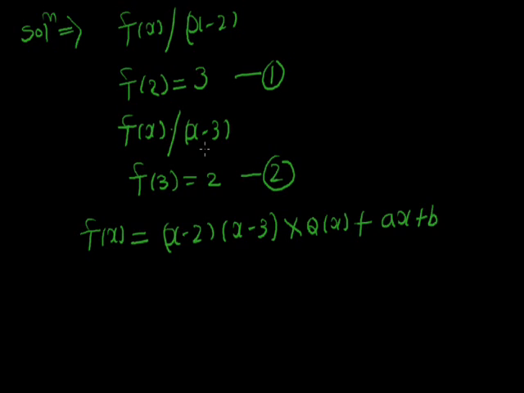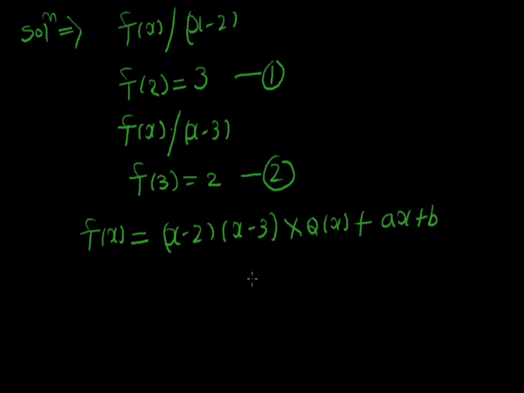Here the divisor is x minus 2 into x minus 3. So what is the degree of the divisor? The degree of the divisor is 2. So the degree of the remainder should be 1, meaning it will be linear. So we write the expression ax plus b. It is a linear expression.